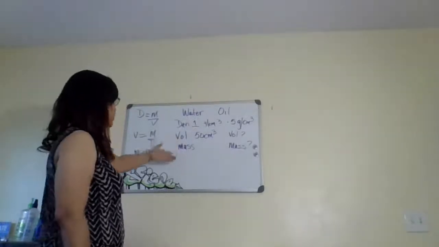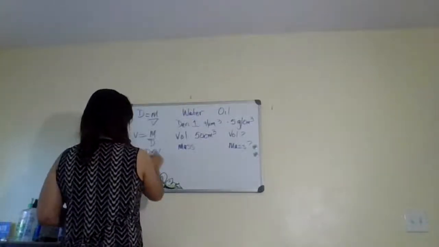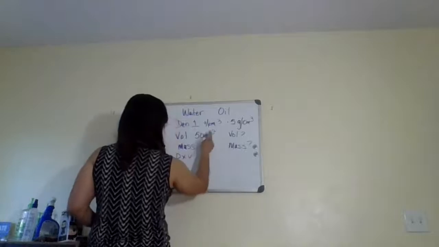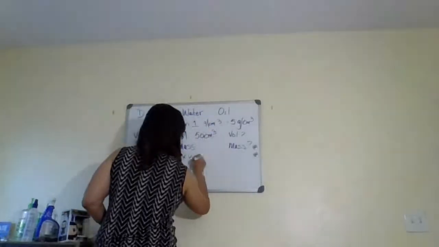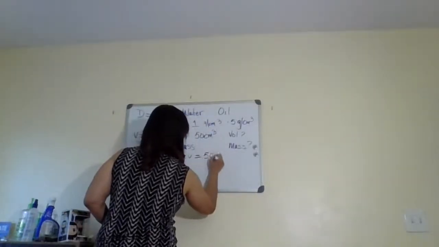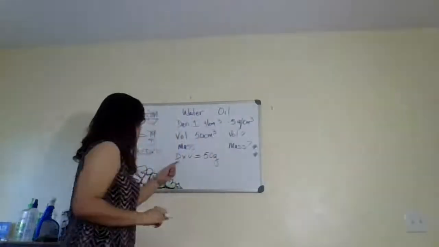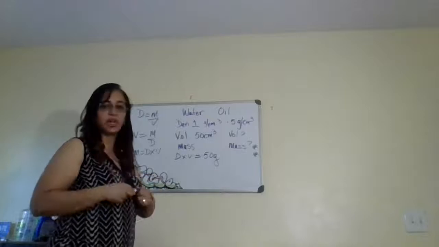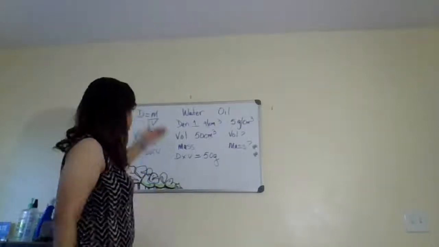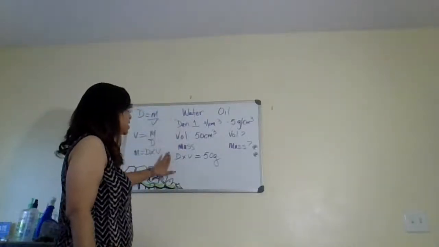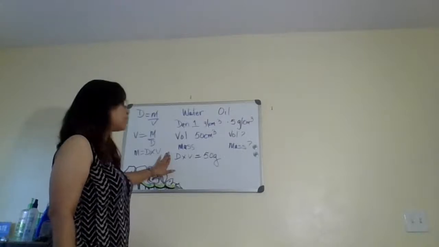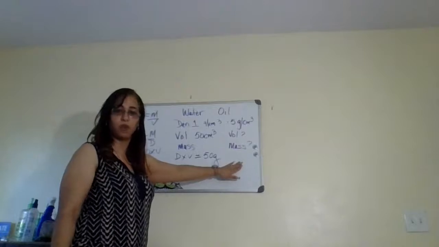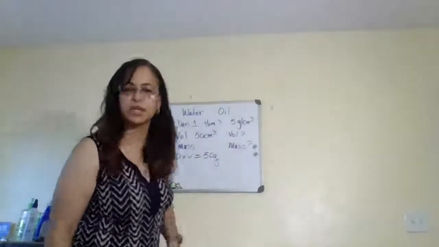Well, if you want to solve for mass, mass is density times volume, which is 50 times 1, equal to 50 grams. So now that we've solved everything here, we can look to see, okay, we're missing 2 things in this problem. Well, what are we looking to do?